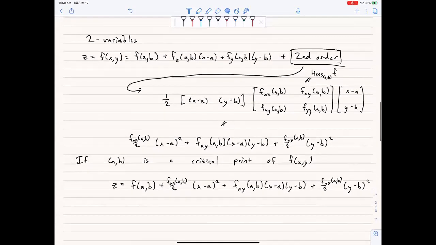Which looks messy, but let's look at it again without feeling too scared. This is a number, so is this, so is this, so is this. Got a lot of numbers there. Just imagine them as numbers. If you were to expand this out, what would it look like? Well, it's a polynomial in x and y of order 2.